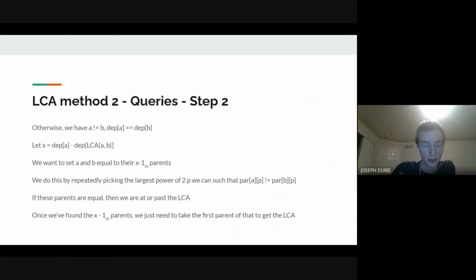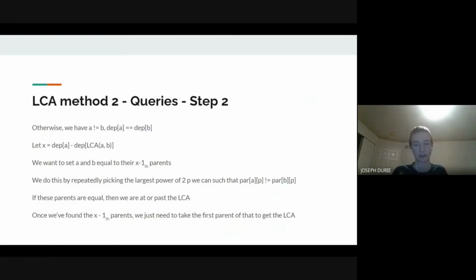except now, instead of just moving up A, we're moving up A and we're moving up B. And again, we only do this when moving them up does not set them equal to the same vertex. Because if we move them up to the same vertex, then we are at or past the LCA, and there's no way of telling if we're past the LCA or if we're there.